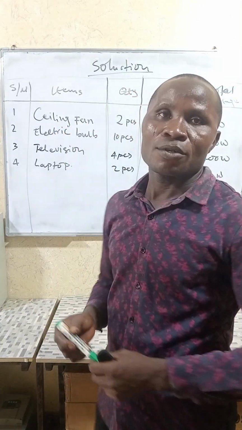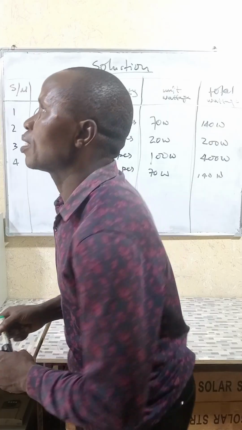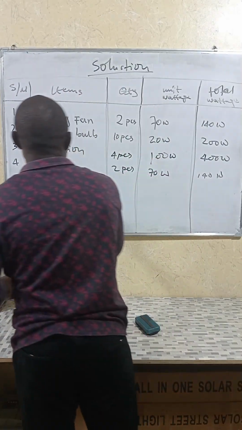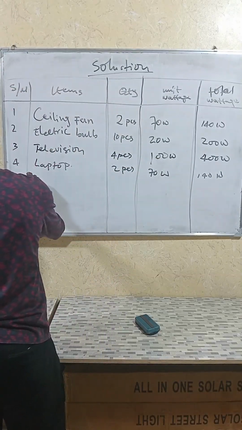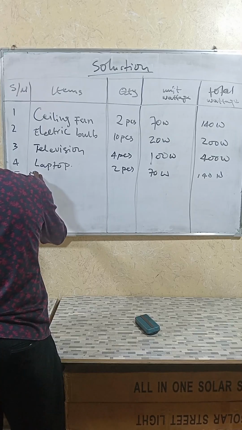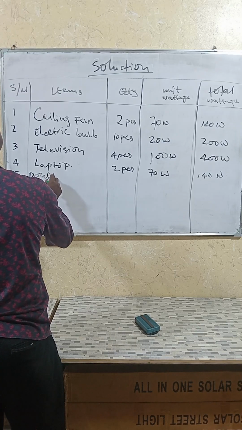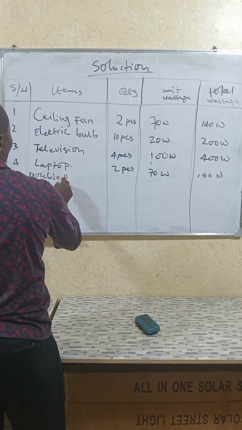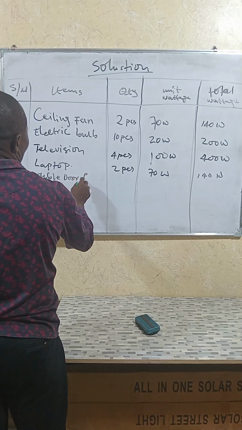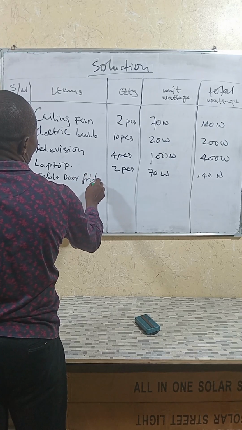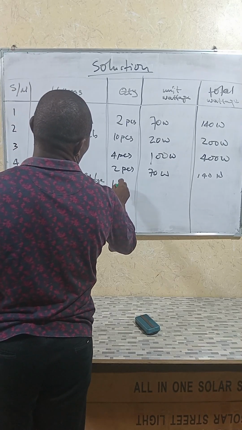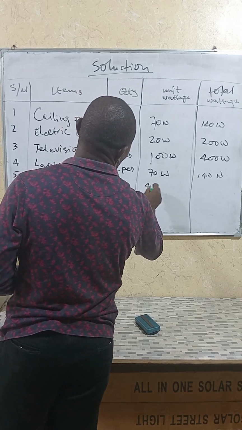Now we have number 5, double door fridge, and number 6, medium size freezer. Double door fridge, one piece, 400 watts.